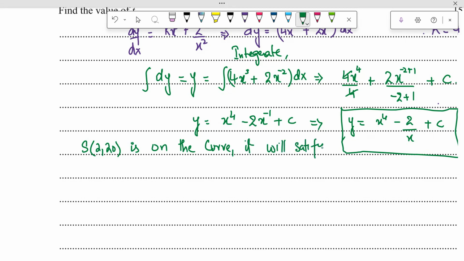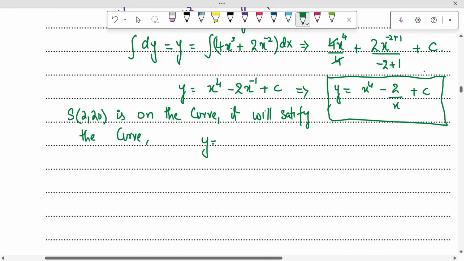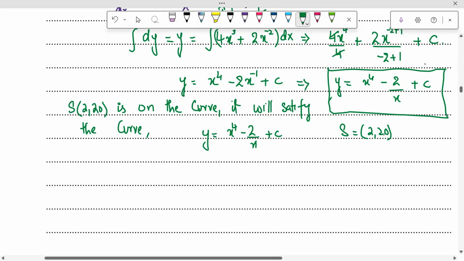It will satisfy the curve equation. So y = x^4 - 2/x + c, where point S is (2, 20), with 2 the x coordinate and 20 the y coordinate.